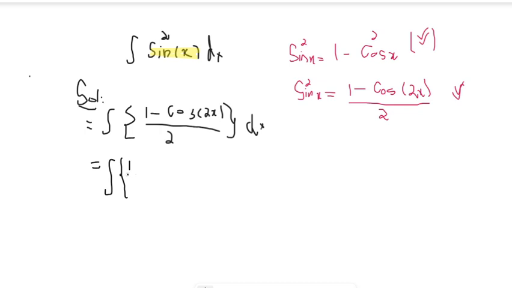Here we can simplify our integrand, which is 1 over 2 minus 1 over 2 cos 2x, dx.